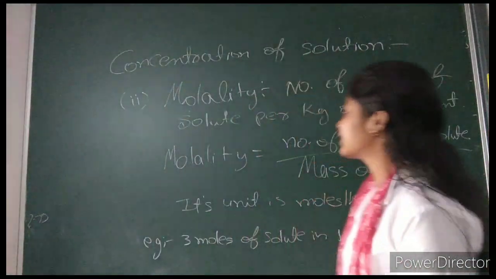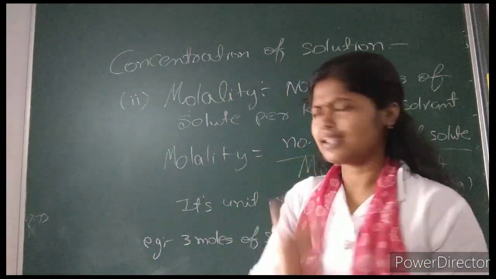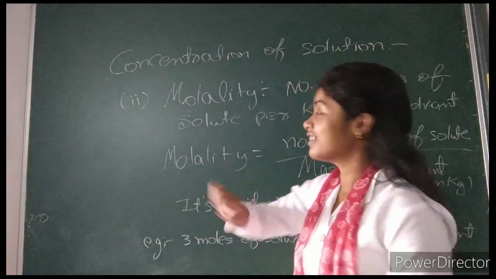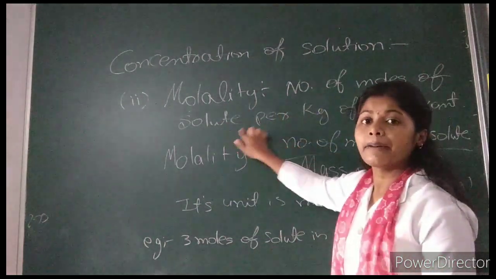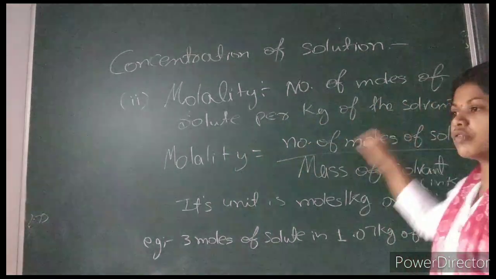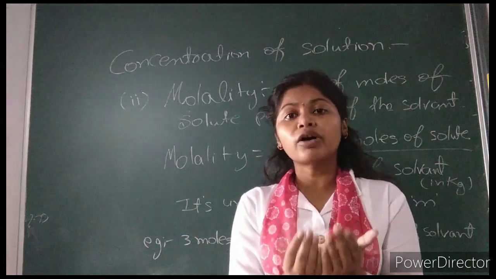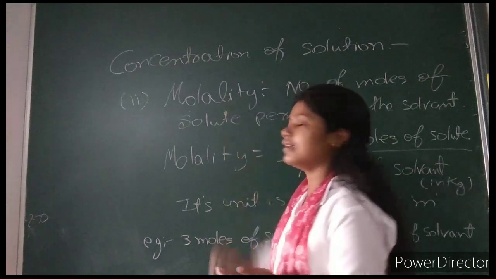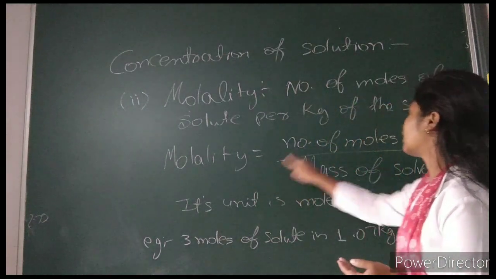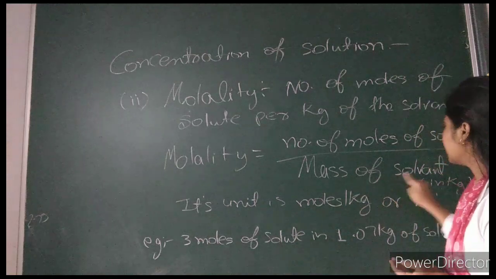Now let us discuss the molality. The difference is only L in the spelling. So molality, what is it saying? Number of moles of solute per kg of the solvent. It means in per kg of the solvent, how much amount of solute we have, that we can calculate through the molality. Its formula is number of moles of solute divided by mass of solvent in kg.